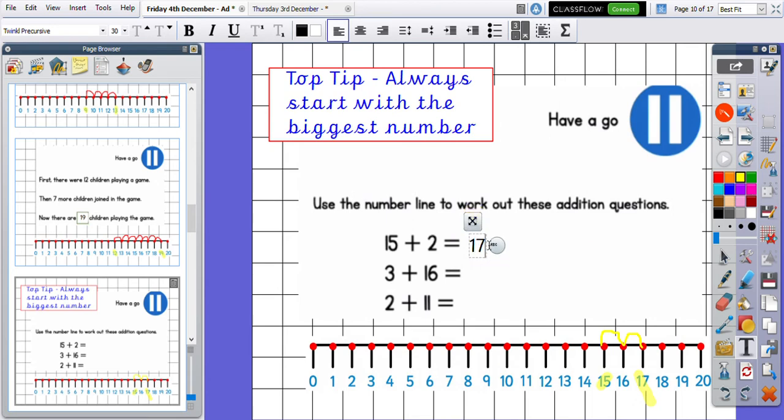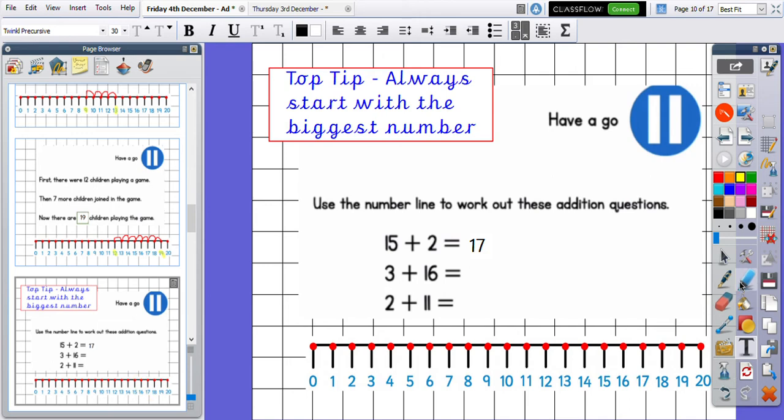Now, as you will notice with this second question, the largest number is actually second. But there's a different way to do it. You don't have to start at 3 and count on 16 because that will take you forever, take far too long. So instead, we're going to switch it around. We're going to do 16, add 3, okay?